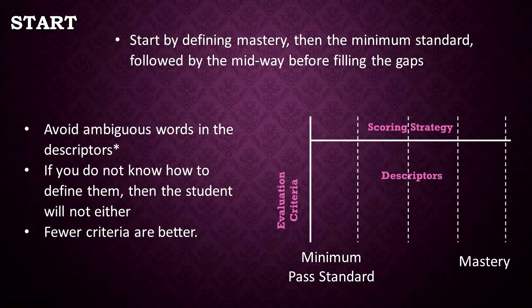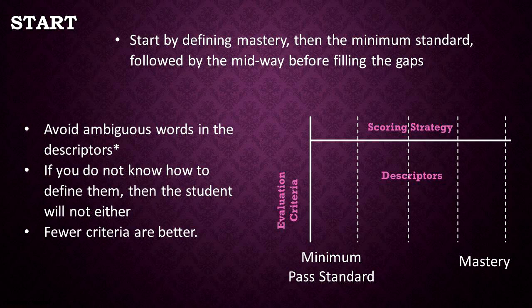Sometimes you will see descriptors with ambiguous words in, and that's because a rubric is rarely used on its own. For example, I would use the rubric as part of a taught session where students have the opportunity to use or at least critique the rubric itself and understand what each of the terms in the descriptors mean.